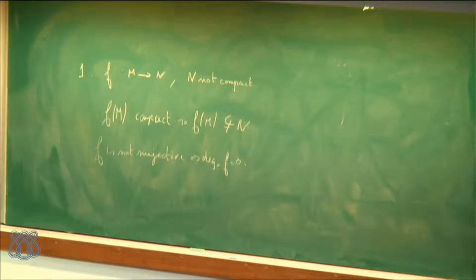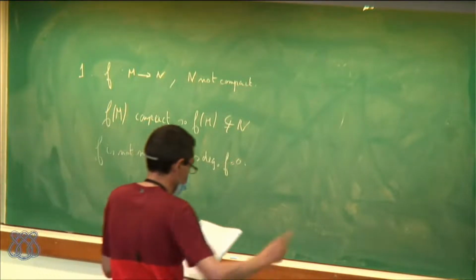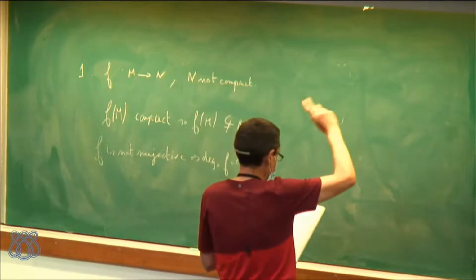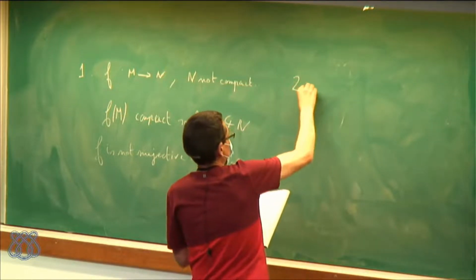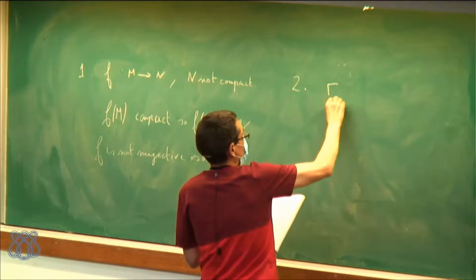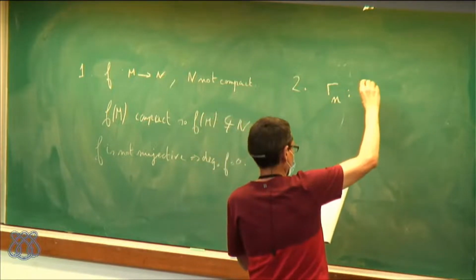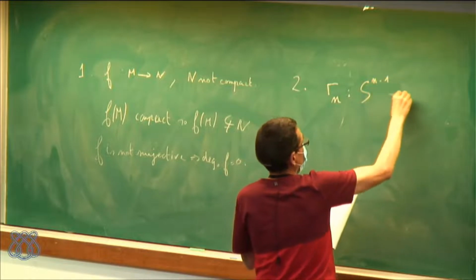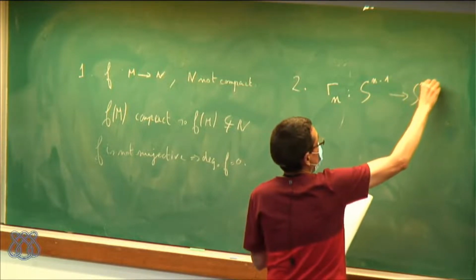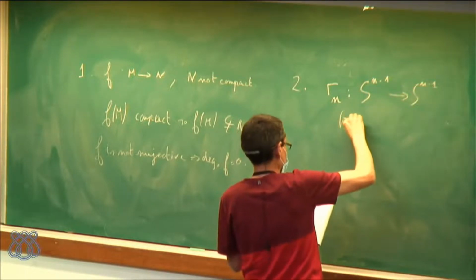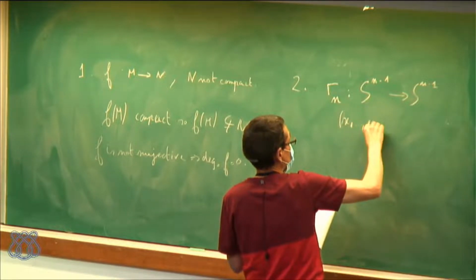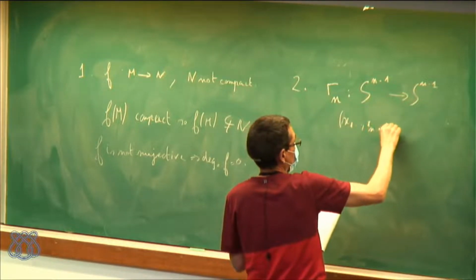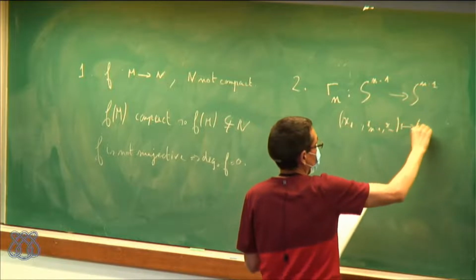So we'll compute the degree of the mapping on R^n that changes the last coordinate to its opposite.